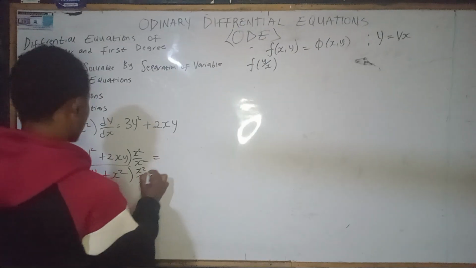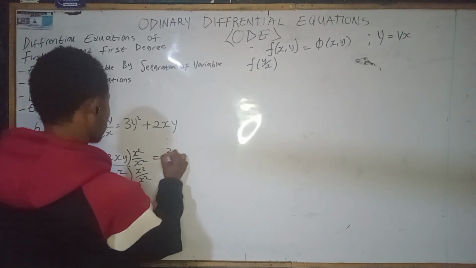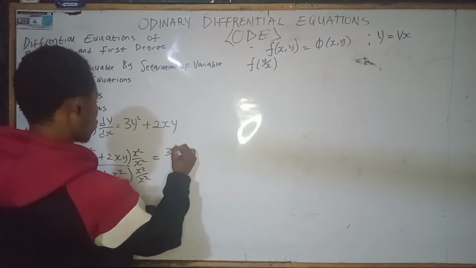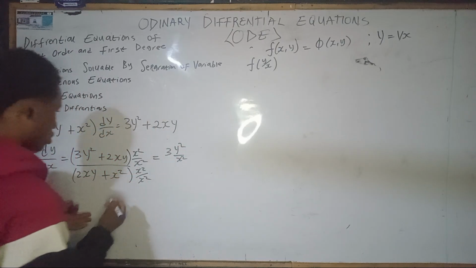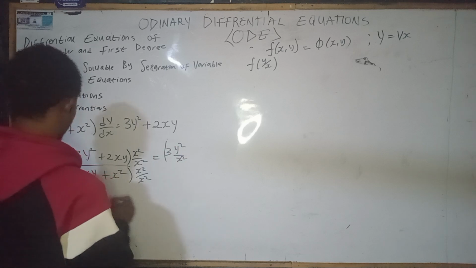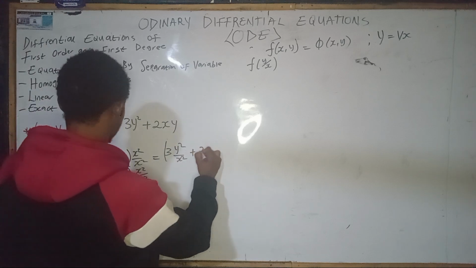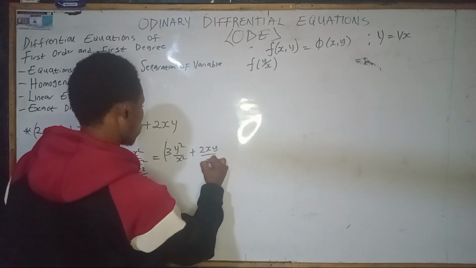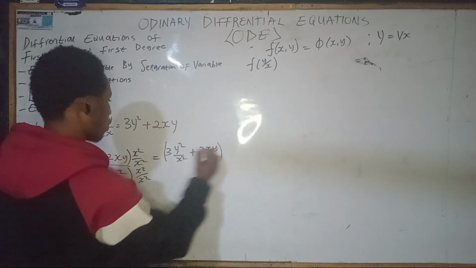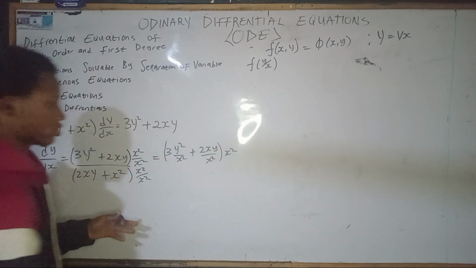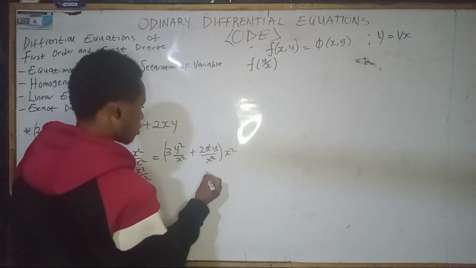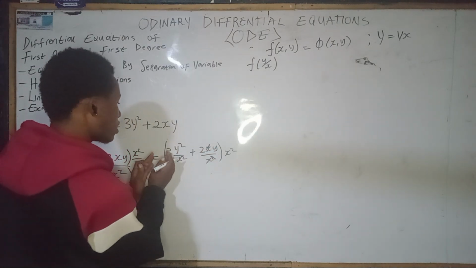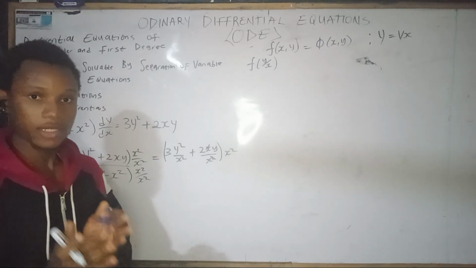So now here I'm going to have 3y squared over x squared, plus 2xy over x squared. So we have the other x squared outside, which is the multiplication. Now here, if we divide x by x, we notice that there is a consistent value.